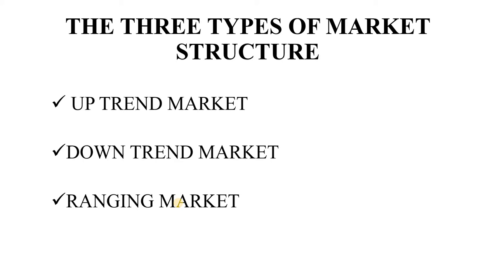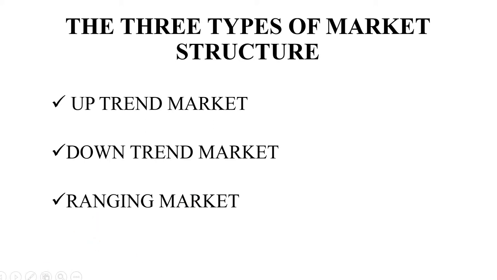If possible, you can make some notes as we go ahead. I'll take you through these three market structures, and then we shall be able to identify all of them.